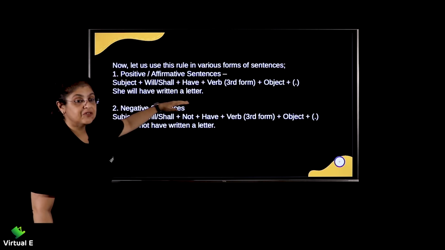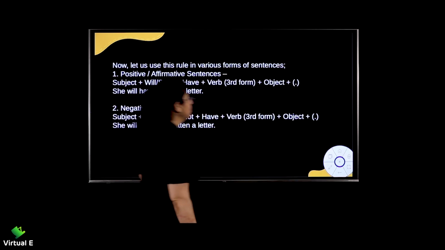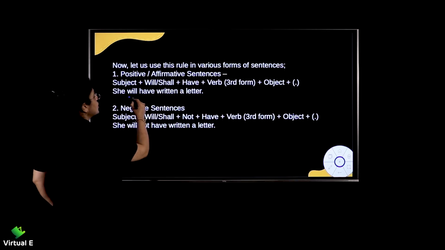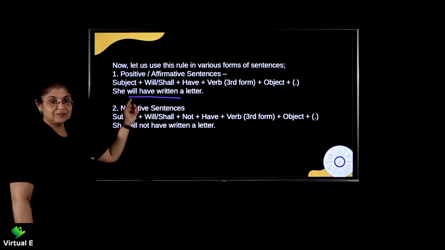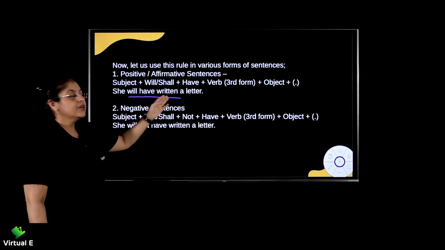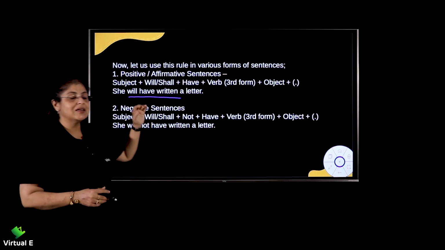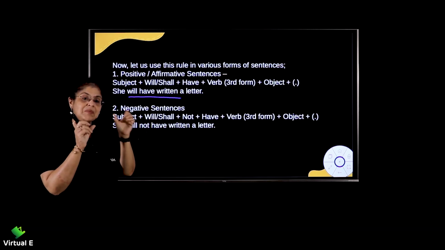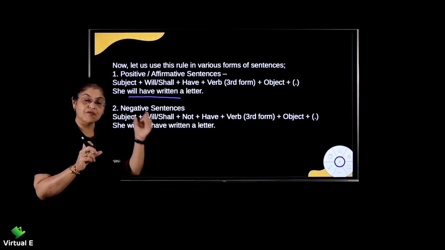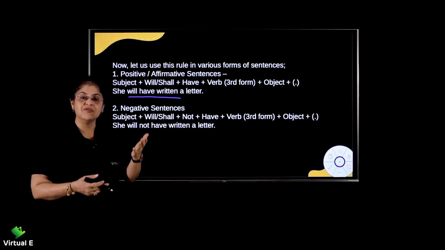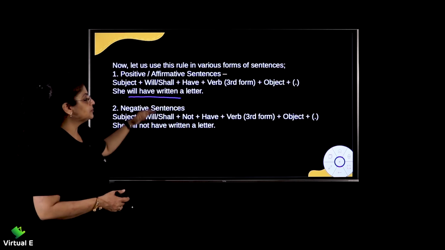She will have written a letter. Please remember this. It is future perfect tense. So, future is will, perfect is have, and written is verb 3. It's a very clear thing. Honestly, if you remember the technical terms properly, for future it is will or shall. For perfect, it is has, have, had, and again have in the future.